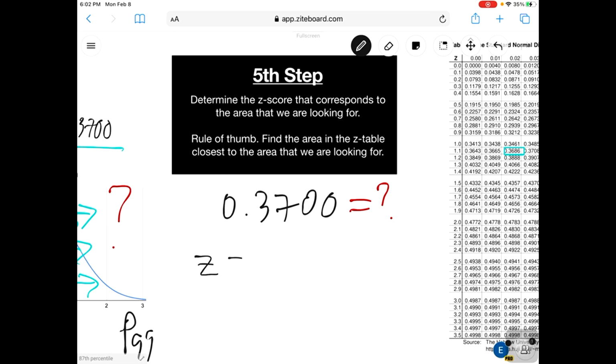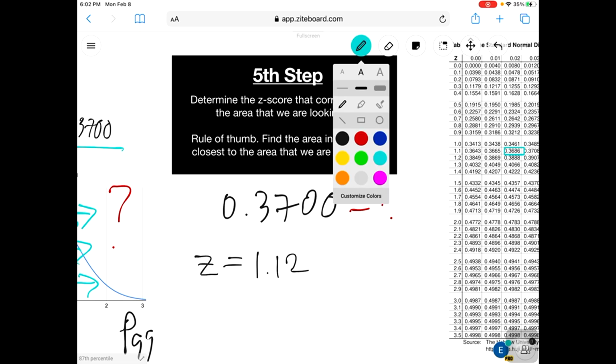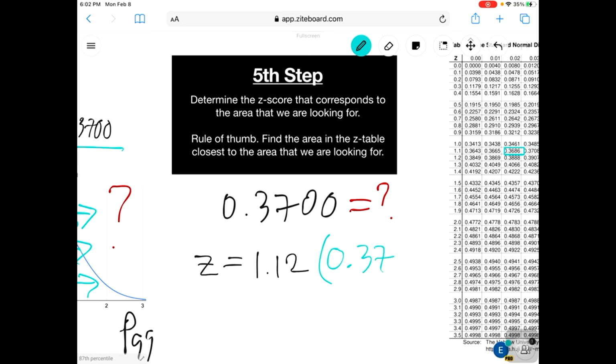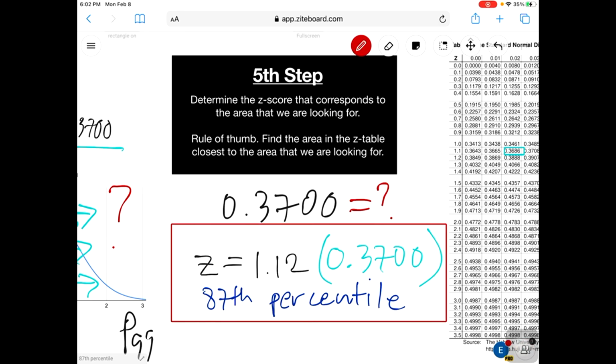So the z-score that represents the area 0.3700, or the 87th percentile, is 1.12. And this is now our final answer. Okay, that's it. Thank you.